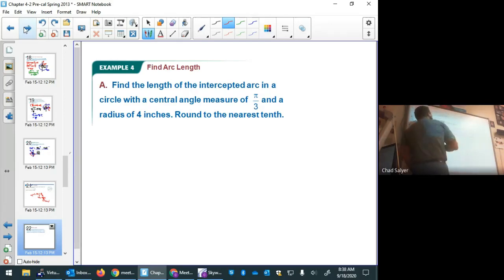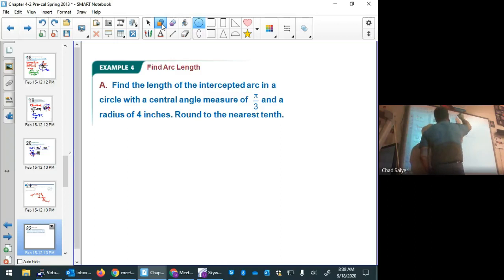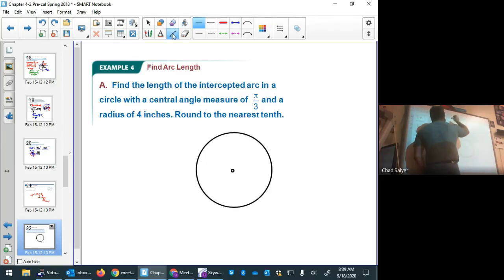All right, so let's find the arc length. Find the length of the intercepted arc in a circle with a central angle measure of pi over 3 and a radius of 4 inches. So we'll just draw this to help us. So we've got in this circle a radius of 4 inches.